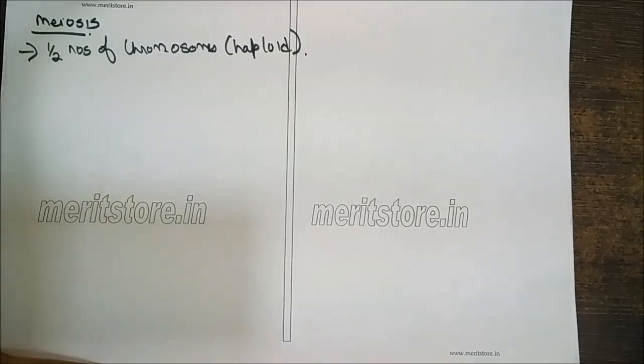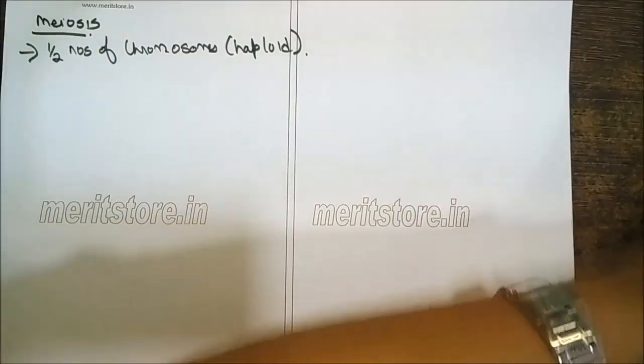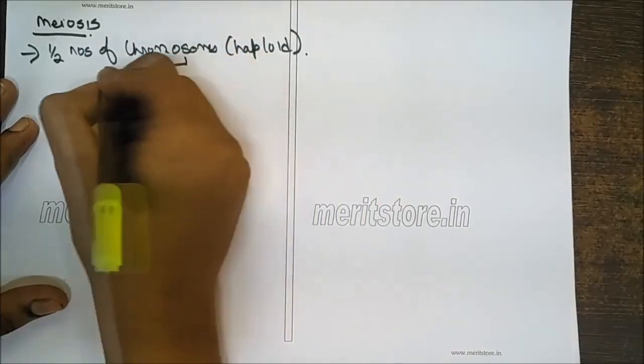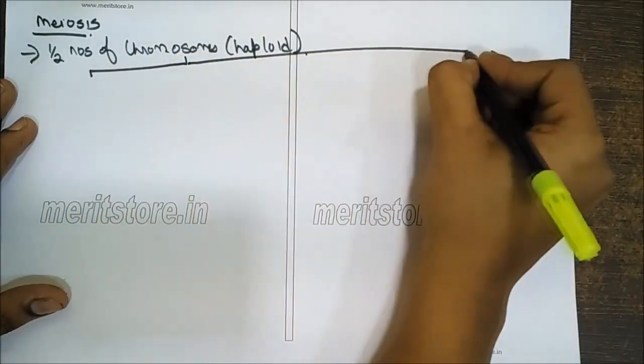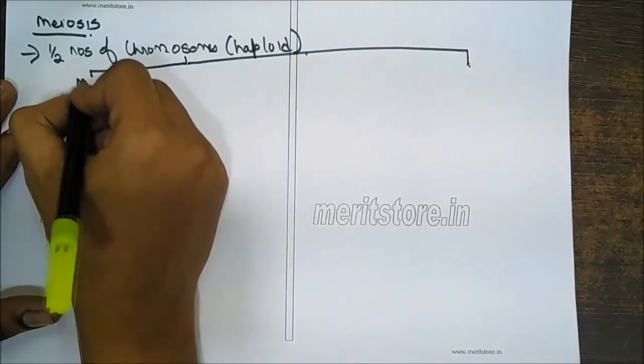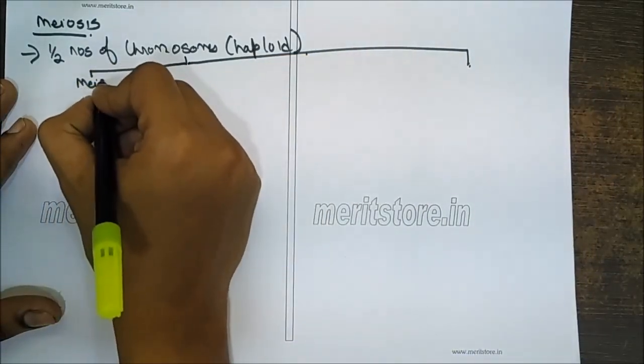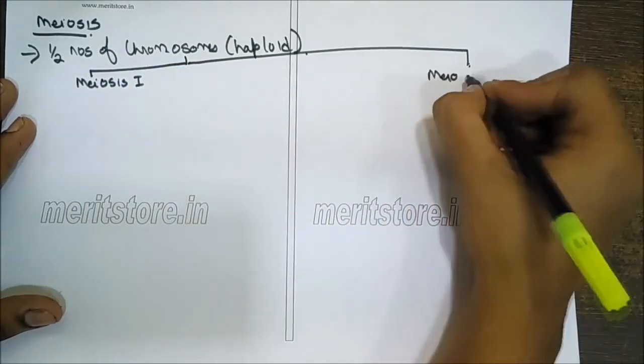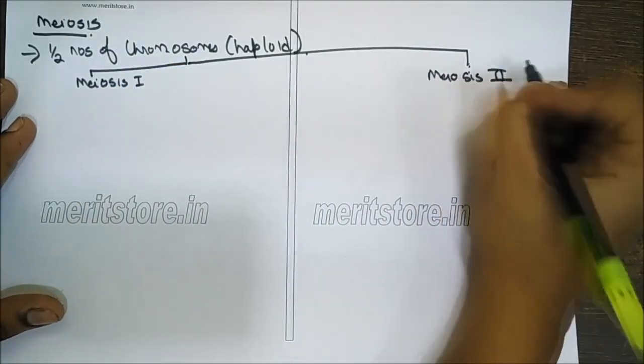Now let's understand how meiosis takes place. Meiosis happens in two stages of division: first is meiosis 1 and next is meiosis 2.